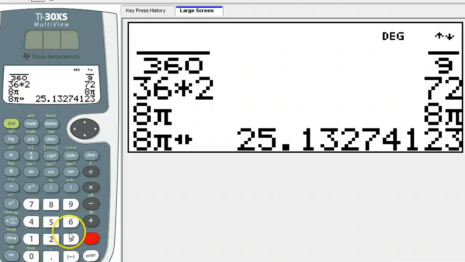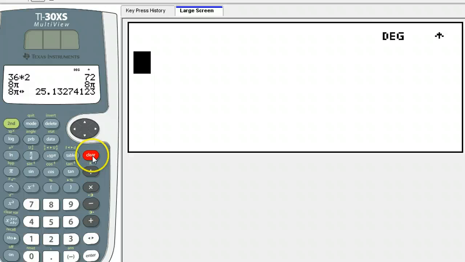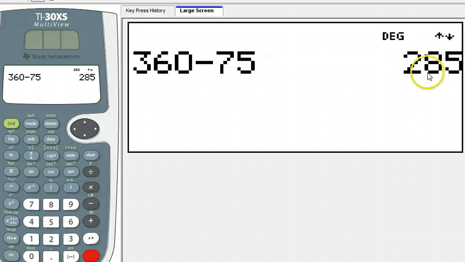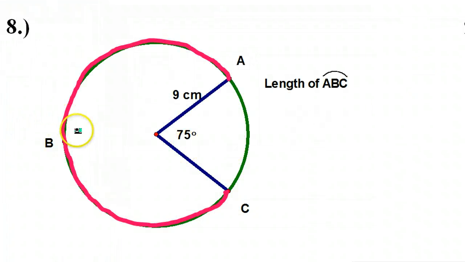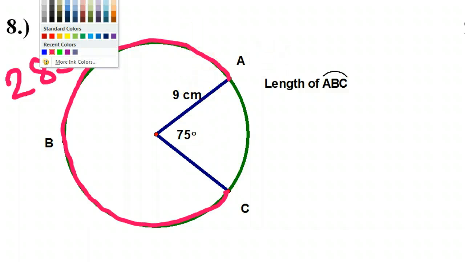So if I do 360 minus 75, that's 285 degrees. That's the number that we need to use, not the 75. So that's the key. I mean, the rest is pretty straightforward.